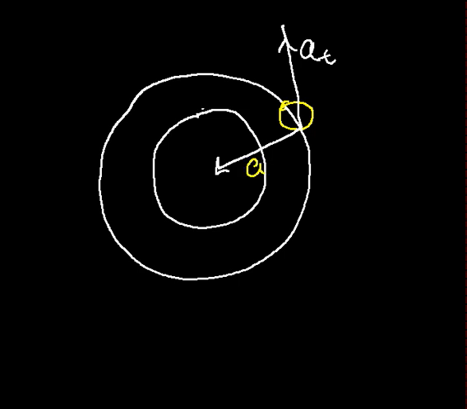Let's say that is the case. This is the centripetal acceleration, given as a_c. And we have the acceleration associated with a change in the angular velocity, which is the angular acceleration.